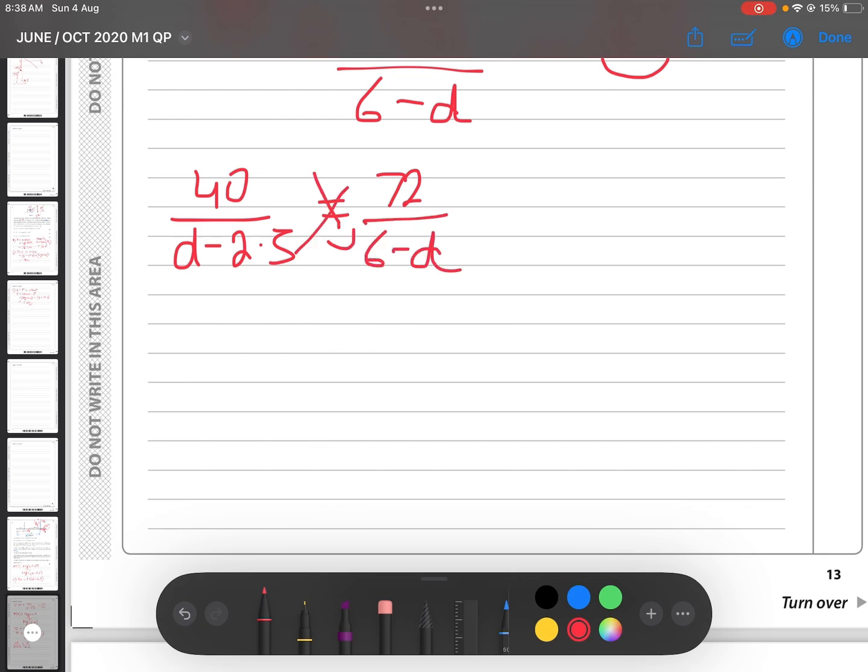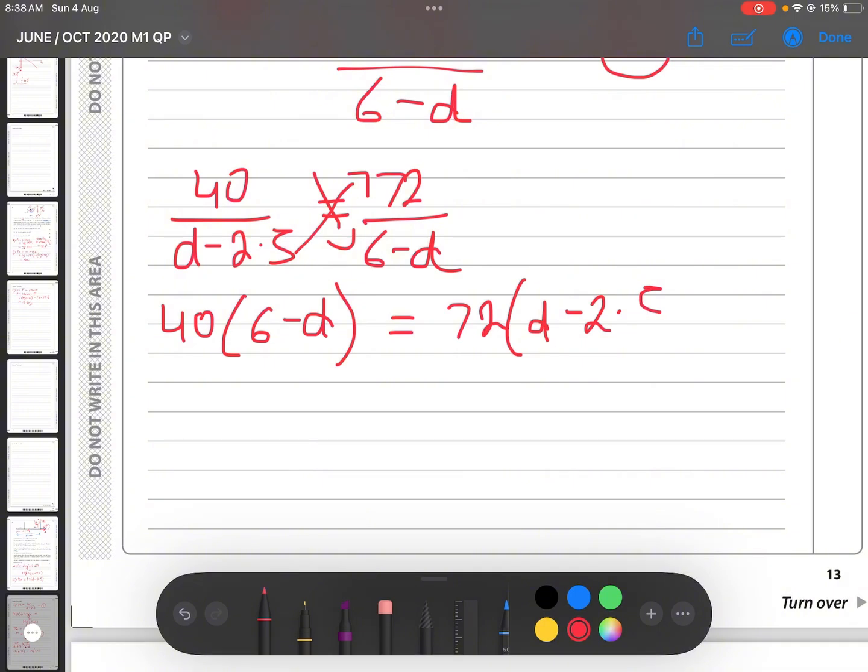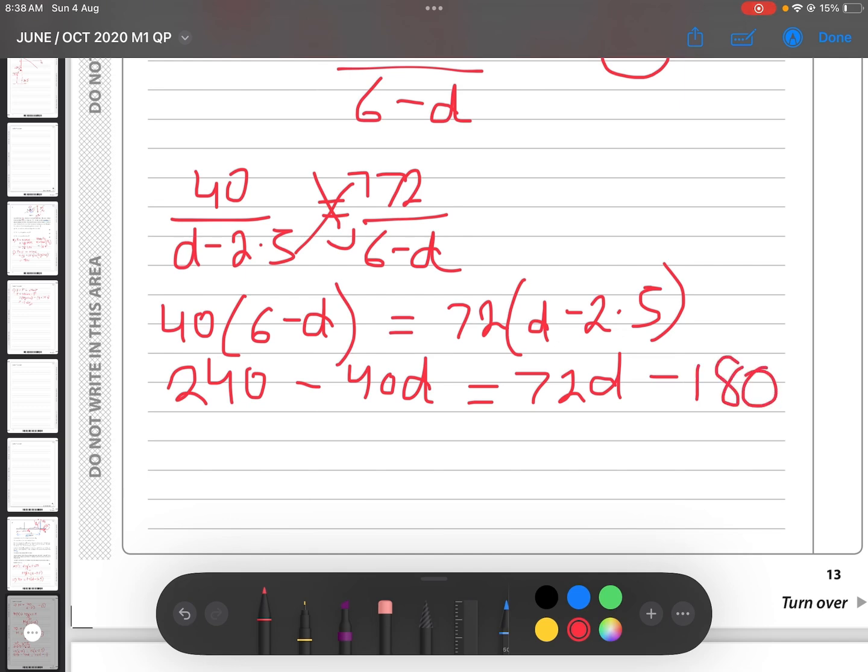Cross multiplying them, it's going to become 40 times (6 minus d) equals 72 times (d minus 2.5). 40 times 6 is 240 minus 40d equals 72d minus 180, because 72 times 2.5 is 180.